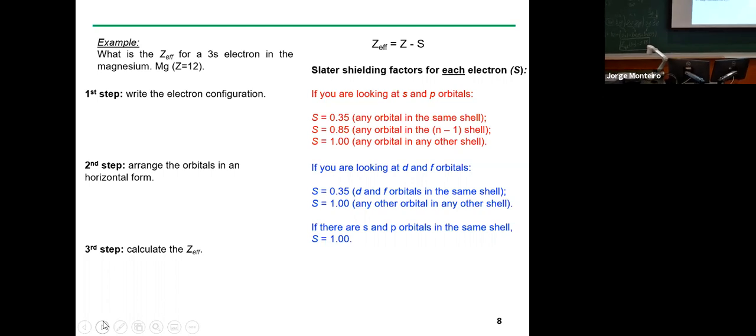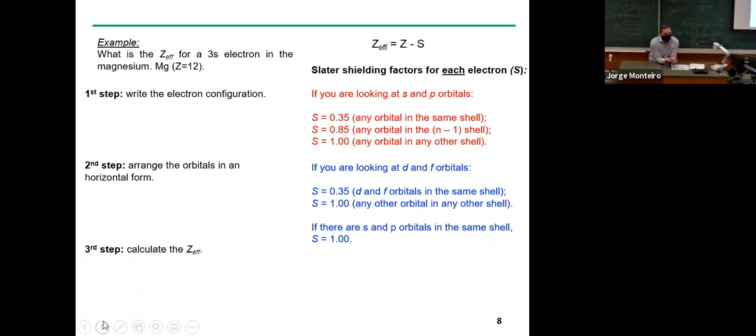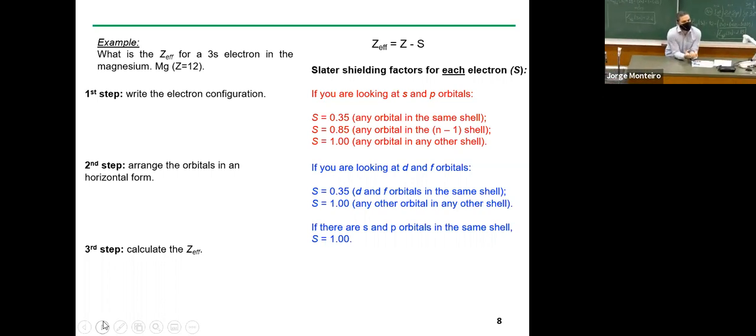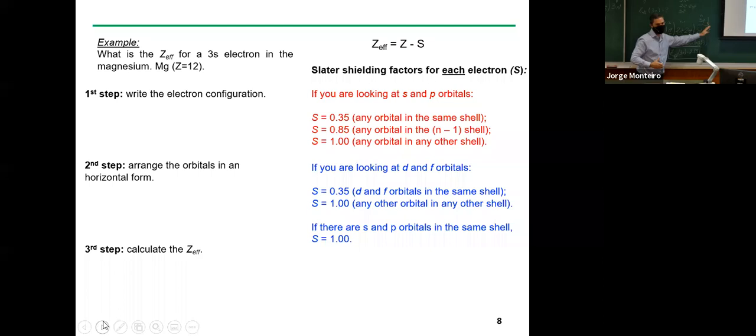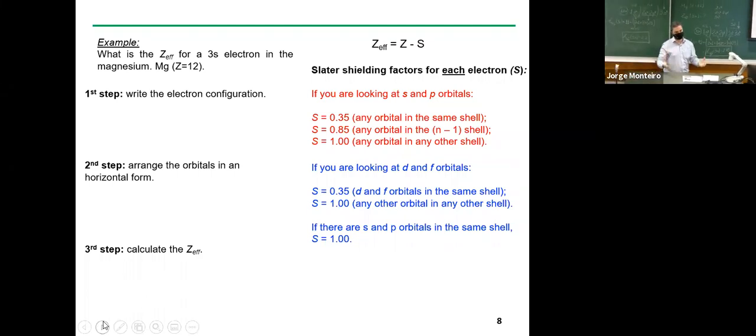The effective charge. That's how much positive charge that orbital is feeling. Okay? So from the 12 that we started with, to get all the way to the very last orbital, you are left with 2.85 positive charges. Okay.